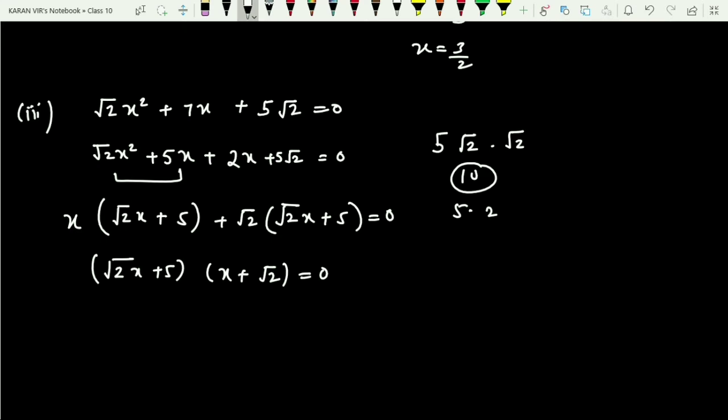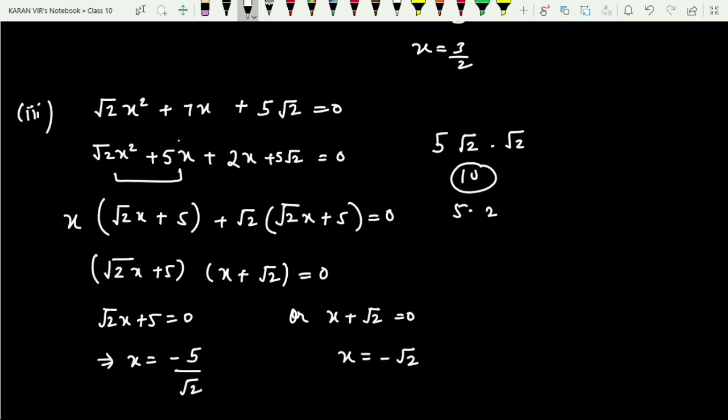And since you were asked to calculate the roots, either the first term is 0, so when root 2 x plus 5 is 0, this implies x is minus 5 by root 2. And in the other case, when x plus root 2 is equal to 0, this implies x is equal to minus root 2. So these are the two roots of the above equation.